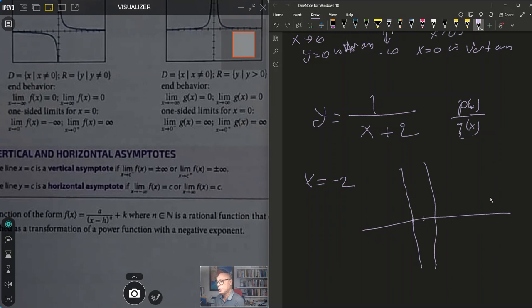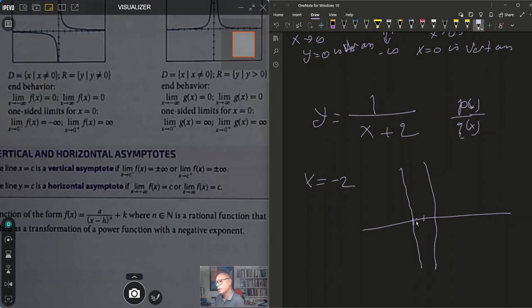When x is going to minus 2, let's say from the right, for example going to minus 1.9999 here.